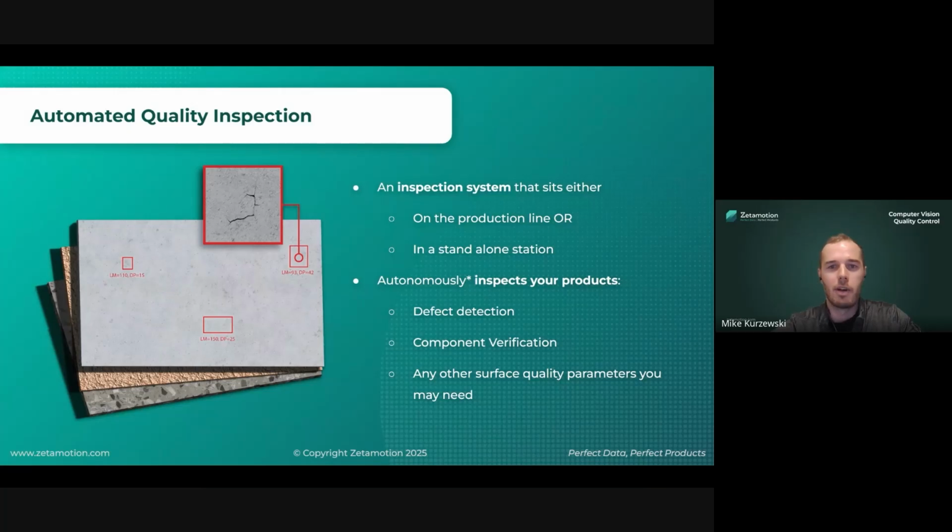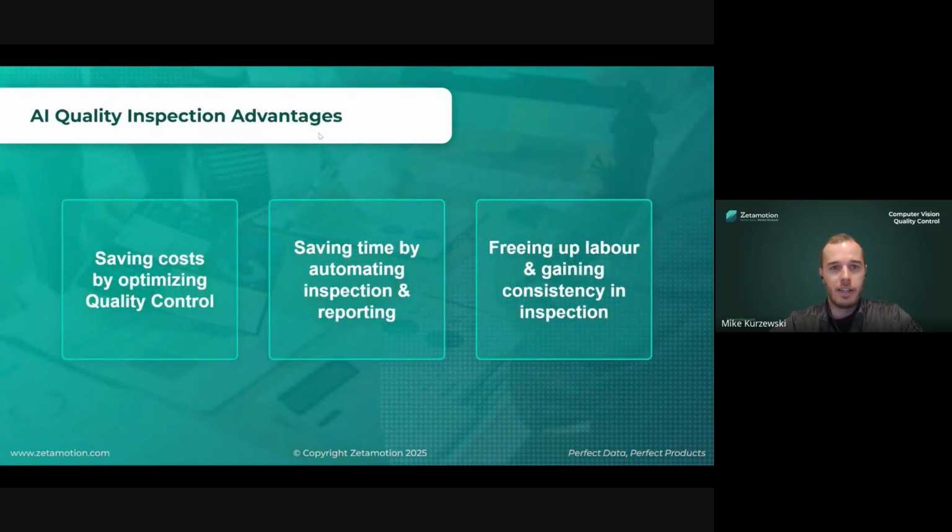And these kinds of opportunities that AI unlocks is what we're going to cover today, and give you an idea of what you can do with this automated quality inspection, because a lot of people tend to overthink it and think it's for very specific use cases, and they overlook the opportunities that it can hold for your production line. Now, the first bit is why should you even consider AI quality inspection?